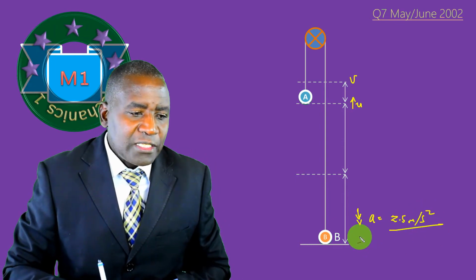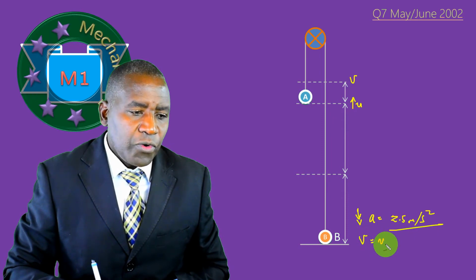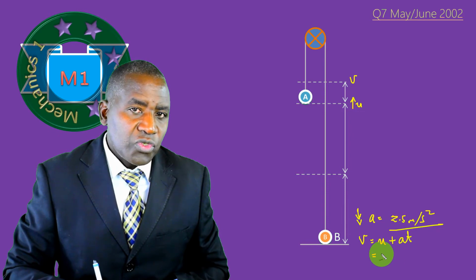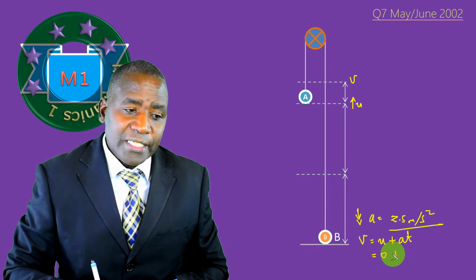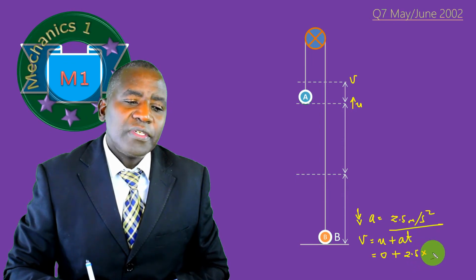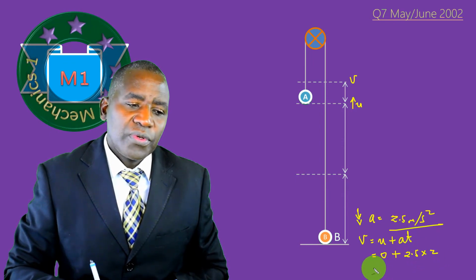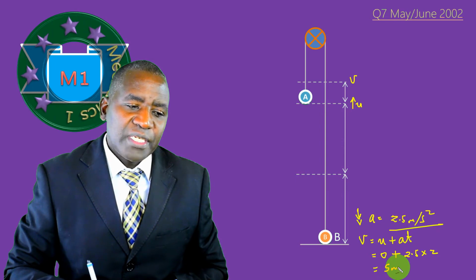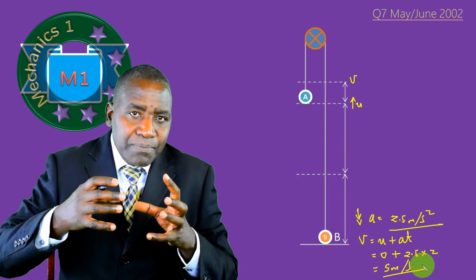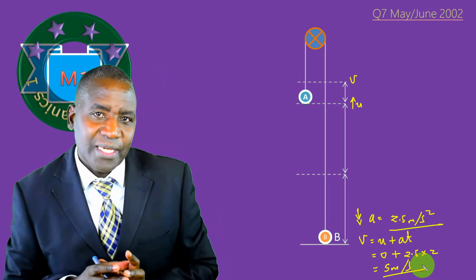So I want to calculate the speed that it has just before it hits the ground, using v equals u plus at. a is 2.5, t is 2, and that is 5 meters per second. So the speed B has just before it hits the ground is 5 meters per second.